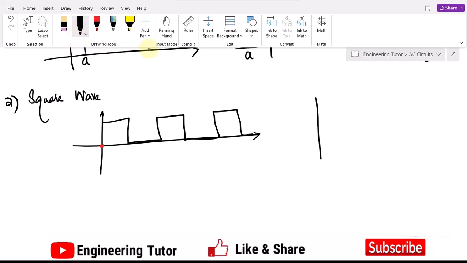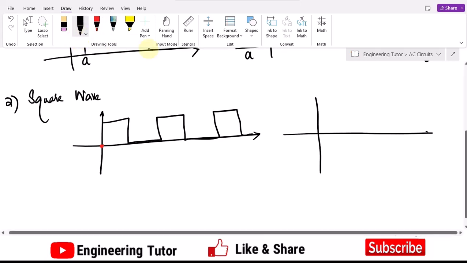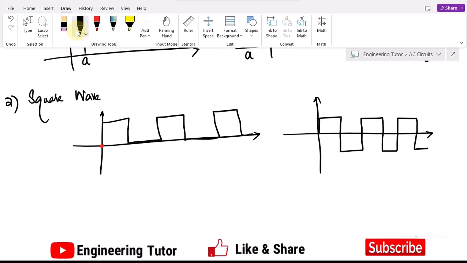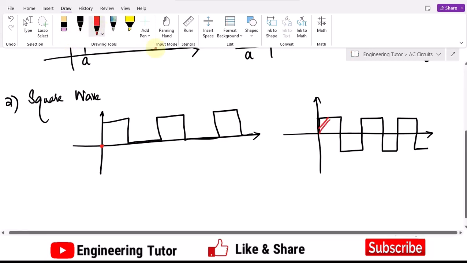Similarly, another type you can also see here can be like, okay, so these are another type of waves where we can see that some part of it is above the 0 axis while the other part is below it. Okay, so what is basically this?